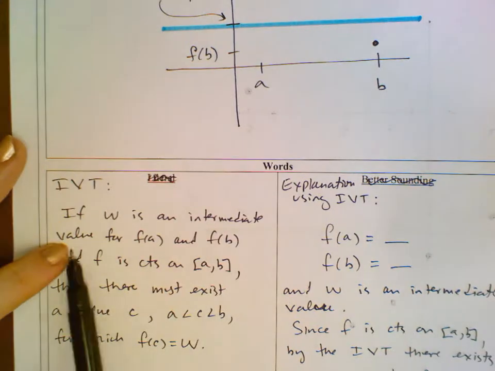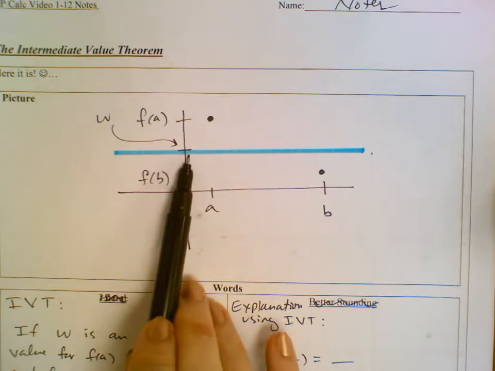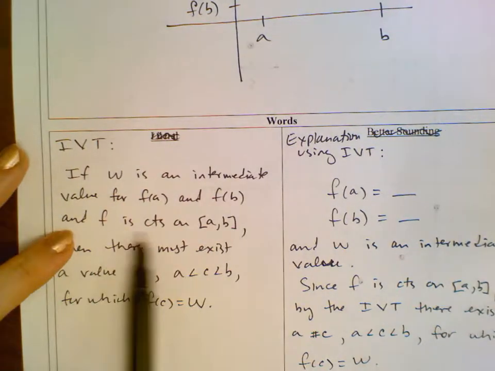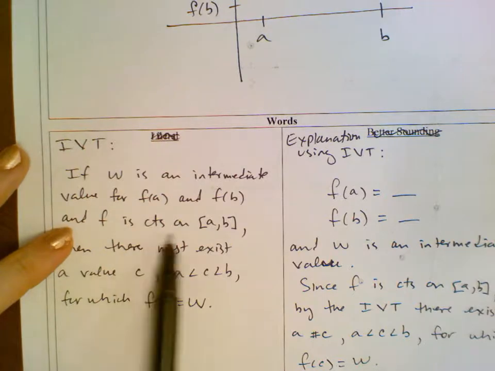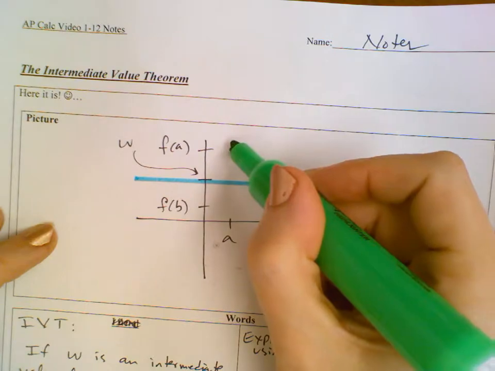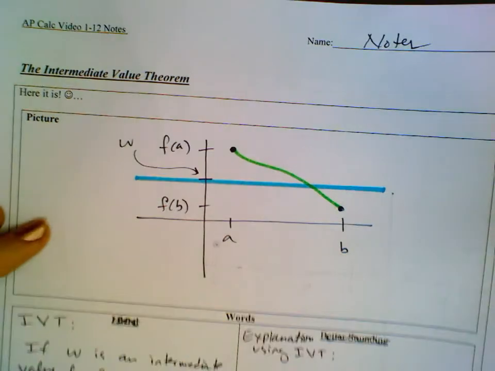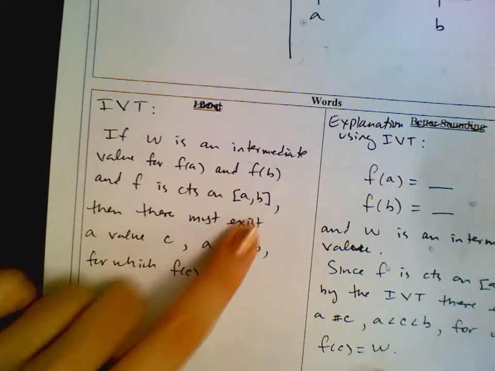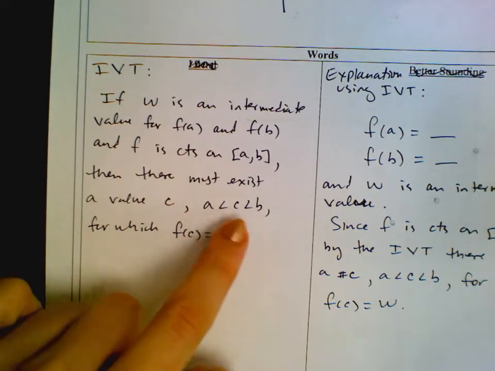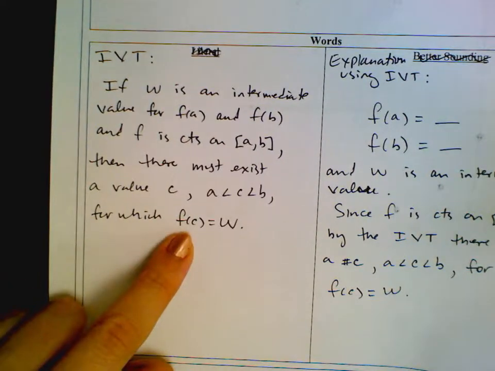W is an intermediate value for f of A and f of B. So here's W. It's an intermediate value between f of A and f of B. Then, if we satisfy the second condition of continuity, f is continuous on AB, and I'll make it curvy, but it could be a straight line or whatever, then there must exist a value C, where A is less than C is less than B, for which f of C is W.